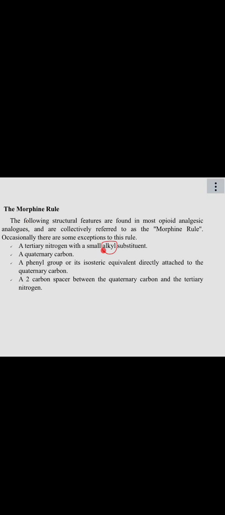Sometimes we'll find compounds that have a phenyl ethyl substituent at that position. Phenyl ethyl is a large substituent, but compounds with phenyl ethyl substituents have also been found to have activity, and that's why we have said there are few exceptions, but in most of the compounds, they have a small alkyl group. It must be a tertiary nitrogen.